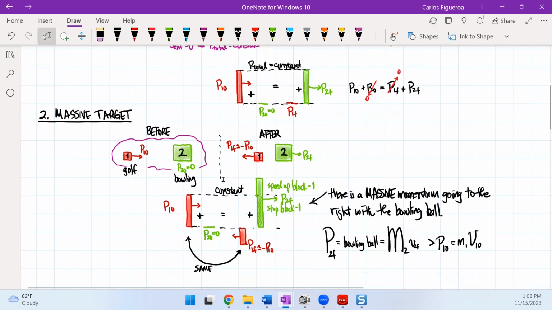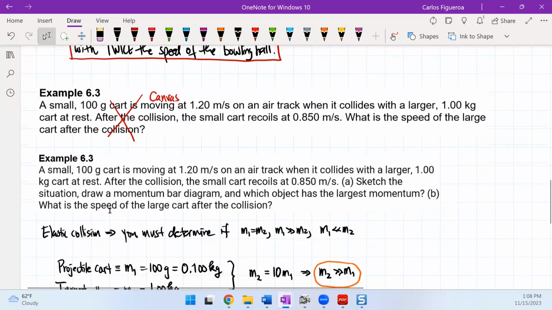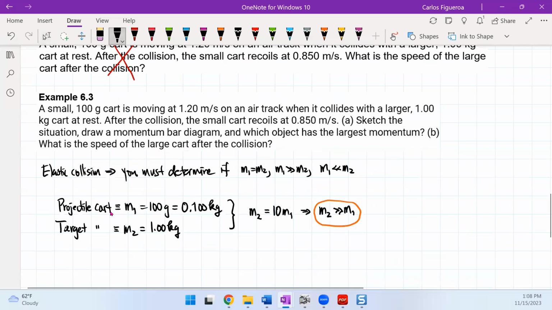So that means my bar diagram has to behave something like this. So we want to look at the details of this. So now I know I have a massive target. So now this is closest to a massive target.